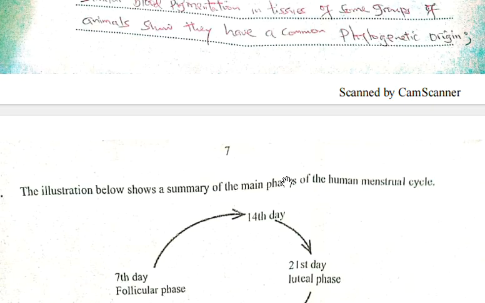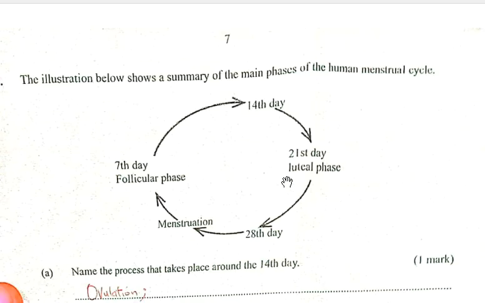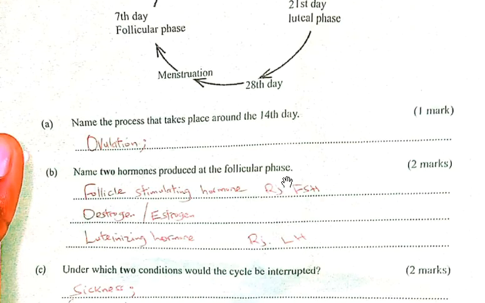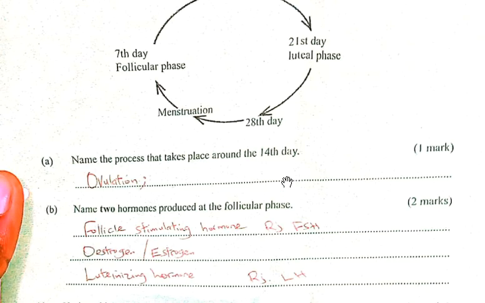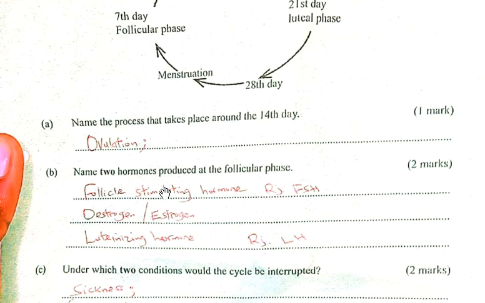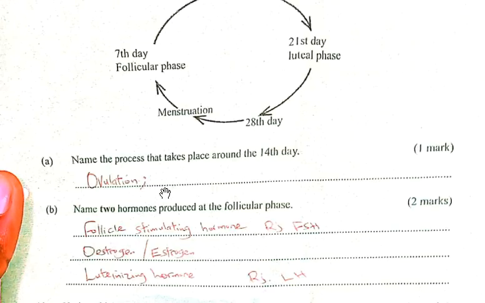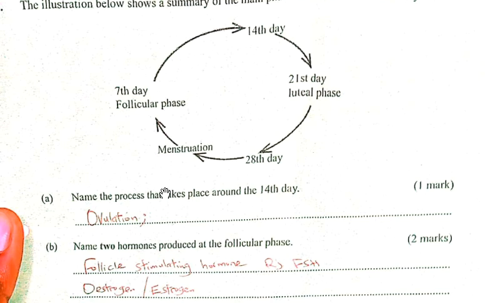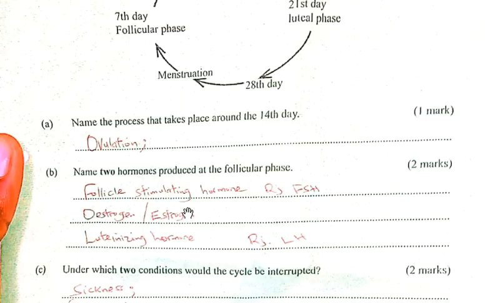Next, the illustration below shows a summary of the main phases of human menstrual cycle. Name the process that takes place around the 14th day, and on the 14th day it is ovulation, because the Graafian follicles which are mature are able to burst to release the ovum, and the process is called ovulation.